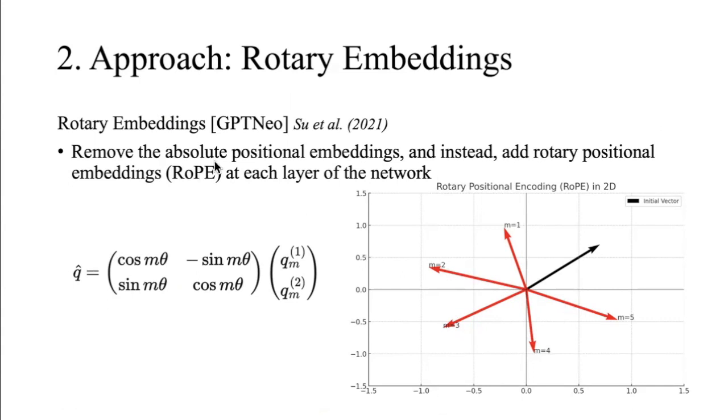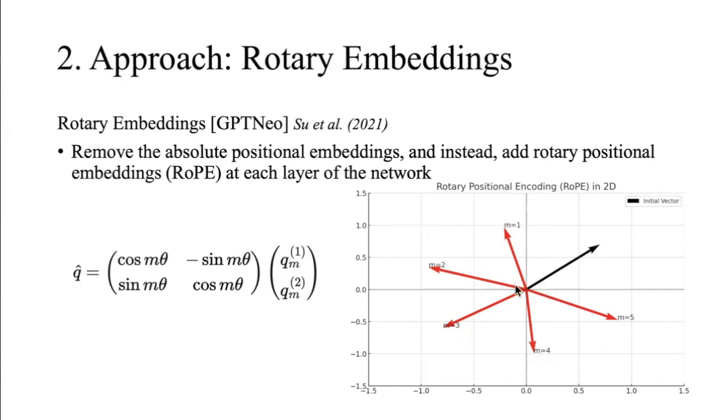Just as I showed in the original architecture introduction, they remove the absolute positional embeddings that are added to the input embedding representations of the tokens. Instead, they add these rotational positional embeddings, RoPE, to each layer of the attention functions.